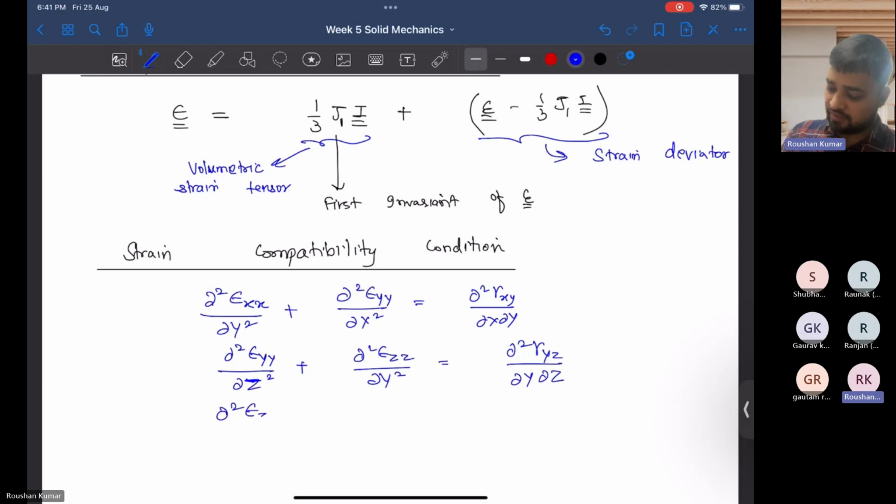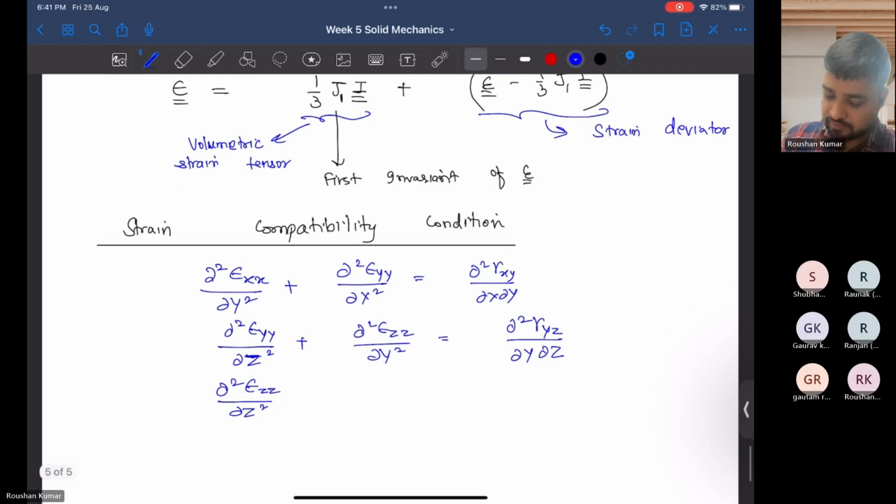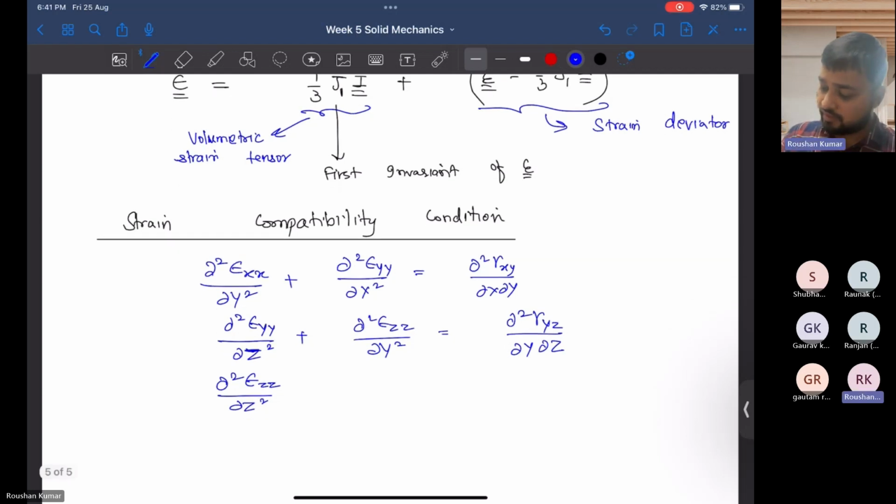And del 2 epsilon xx upon del z square plus del 2 epsilon zz upon del x square is equal to del 2 gamma xz upon del z del x.